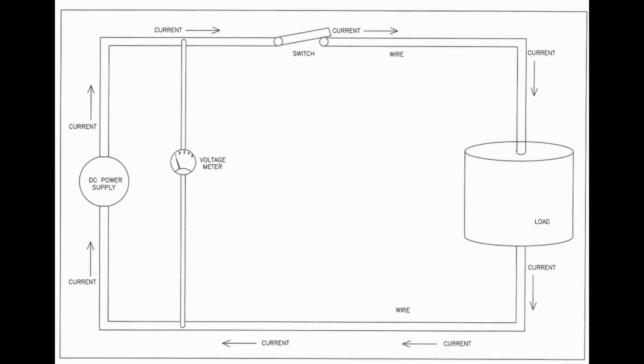The voltage potential on the bottom wire would be 0 volts, so it would measure 24 volts potential difference between the two. So just remember, voltage is the same as pressure, current is the same as flow, load is the same as the work done, and power is the combination of voltage and current.